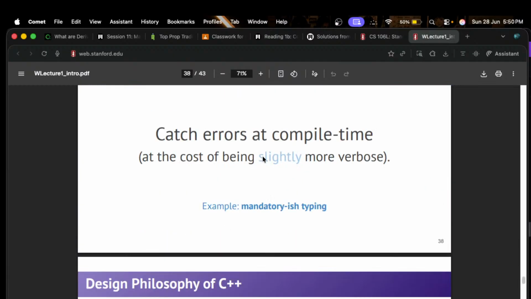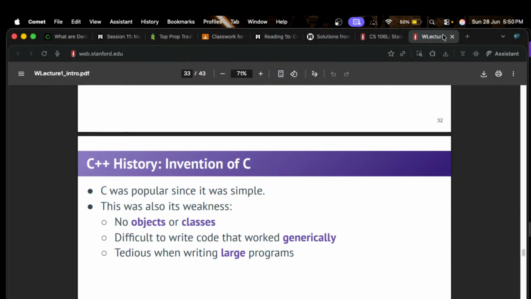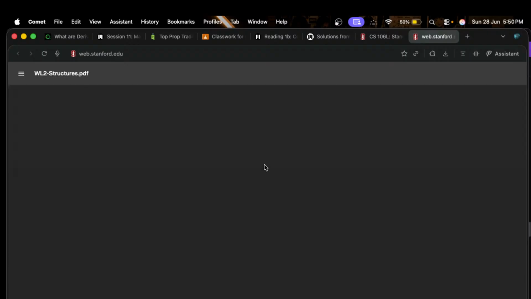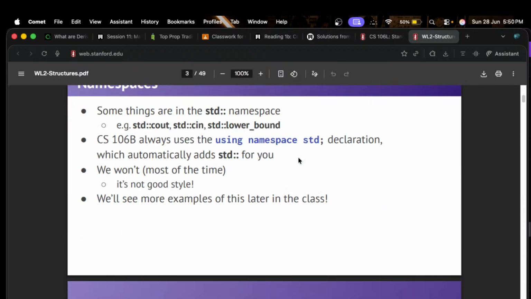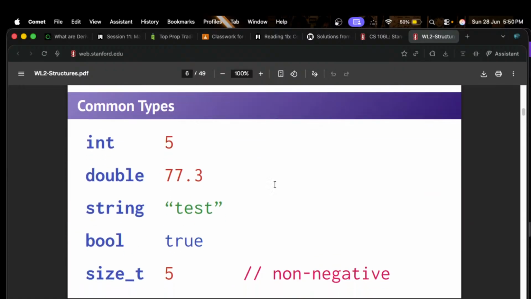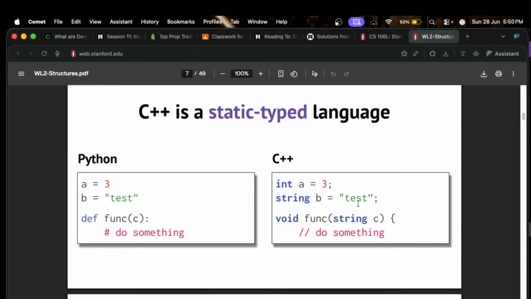Okay, there was nothing in this first course. In this first session, there was nothing to adapt. There was that one, the stdio.h code. That was the only thing that we can take from that course. And yeah, this would be a good one. So: int, double, string, boolean, true, and size. C++ is a static typed language, so we have to define everything here.